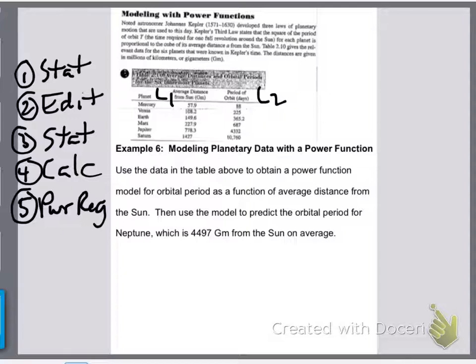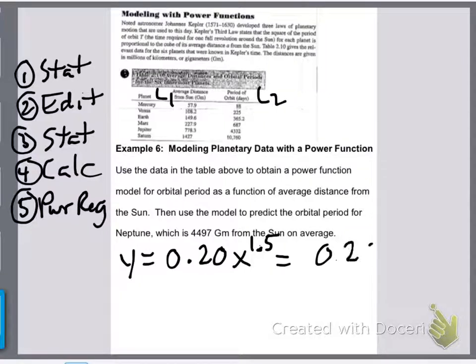Okay? Which should tell you that y equals 0.20 x to the 1.5. Okay? Now, how can I write that, or rewrite it?